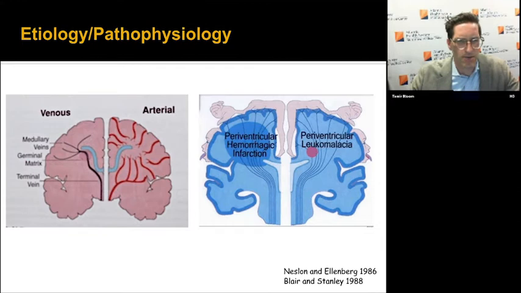So if there's an area of infarct or hemorrhage or ischemia, then this will result in damage to these tracts, as well as possibly the basal ganglia, which is also in this proximity. These neurons are extremely sensitive to oxygen deprivation, particularly in preterm infants. So this is the primary lesion.